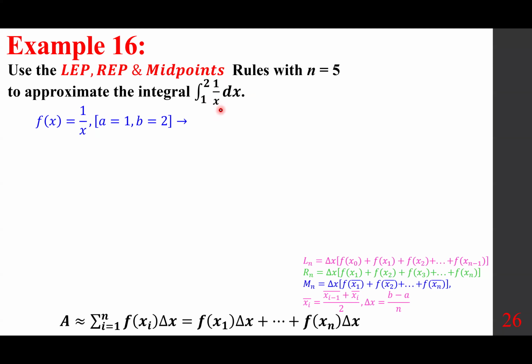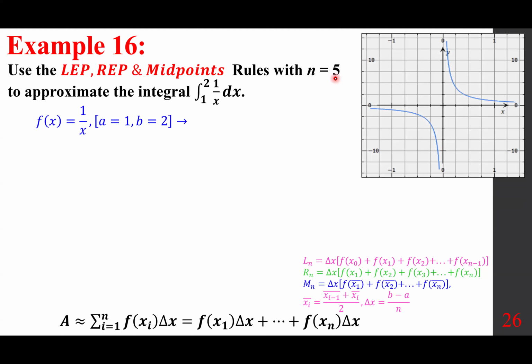The integral. What are your limits a and b? Lower limit is a, upper limit is b, from 1 to 2. Now delta x is (b minus a) over n: 2 minus 1 over n, and n is given as 5.